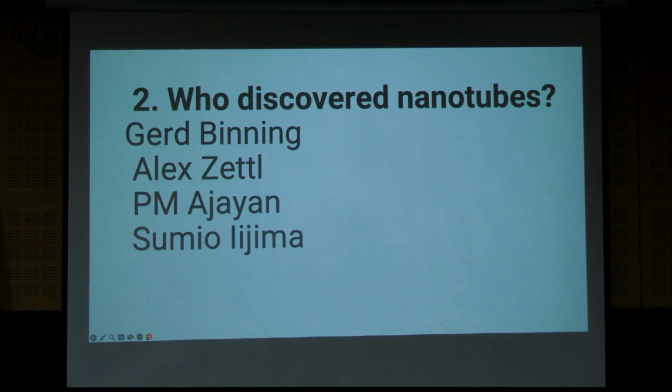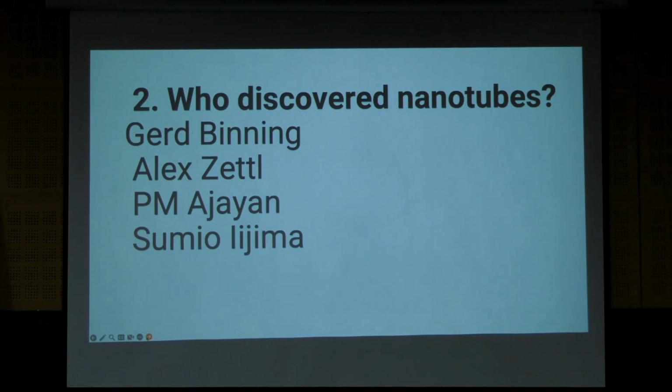If you remember, carbon is a versatile material. We have seen various allotropes. Carbon nanotube is one of the allotropes of the carbon family, and it was first discovered by the Japanese scientist Sumio Iijima.